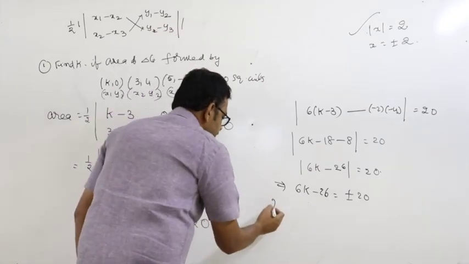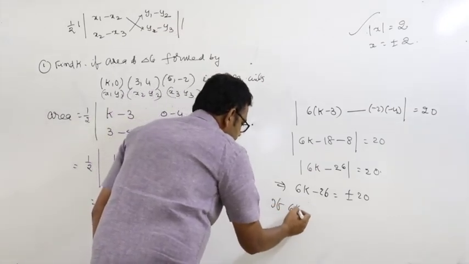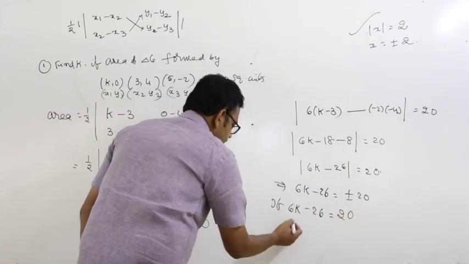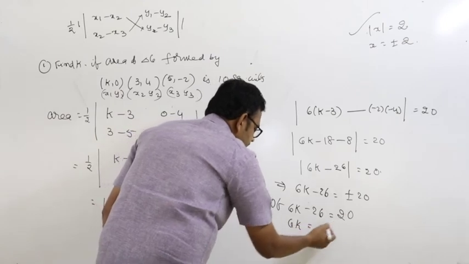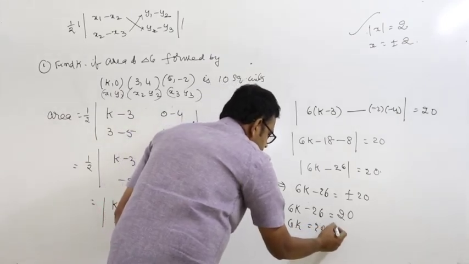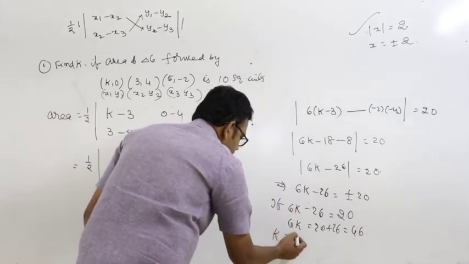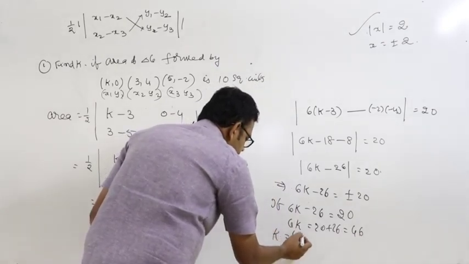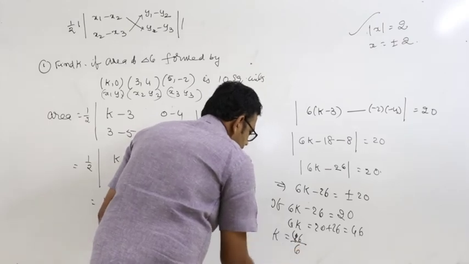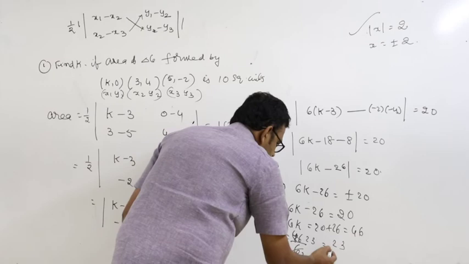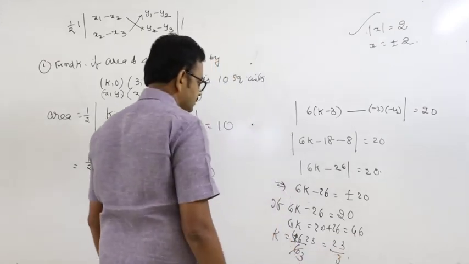Now if 6k minus 26 is equal to plus 20, 6k is equal to 20 plus 26, that is 46. Therefore k is equal to 46 by 6, that is 23 by 3, one answer.